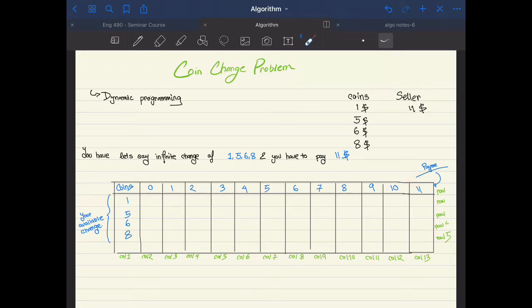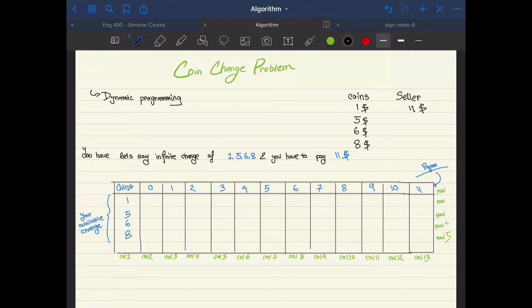So we'll be going through 1, 2, 3, 4 up to 11, so it's easier for us to find the minimum number of coins that we'll need. I have also mentioned the column numbers and row numbers, so it's easier to identify each box. Okay, so let's get started.